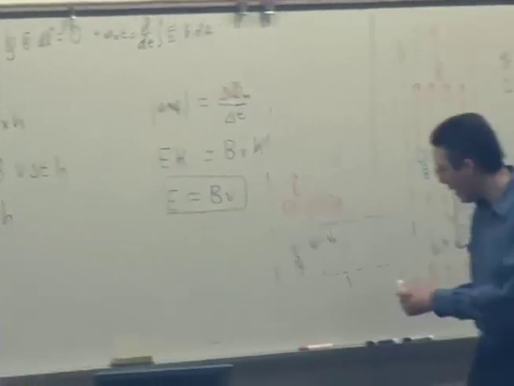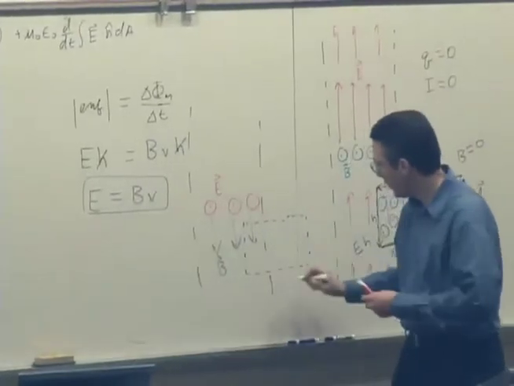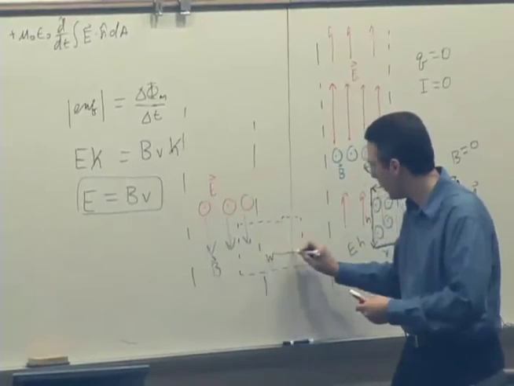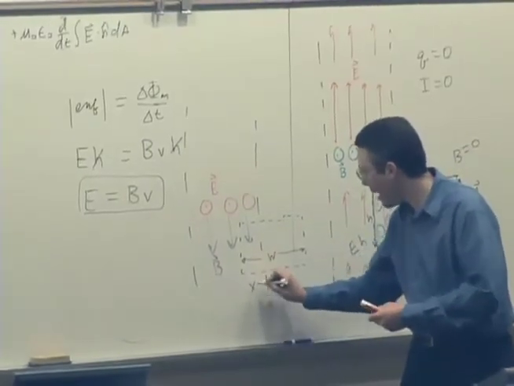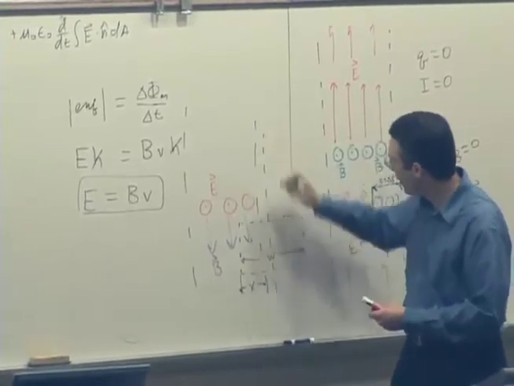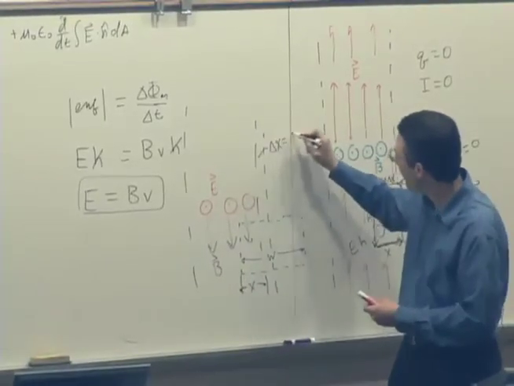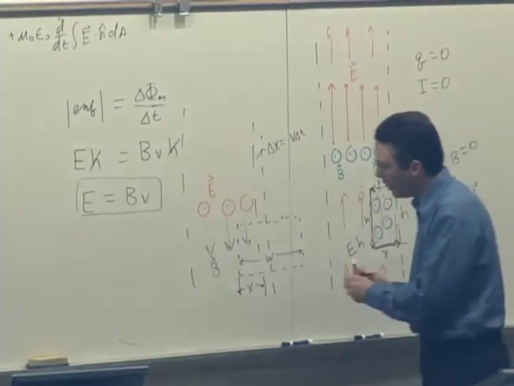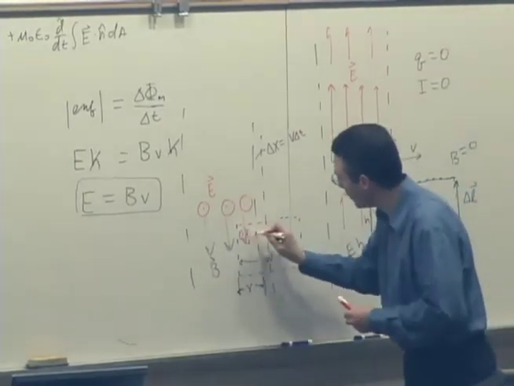So just by analogy, this is again the width W, this is X, and it's moving a little bit, delta X, which is equal to V delta T. So I have an electric flux through this region.